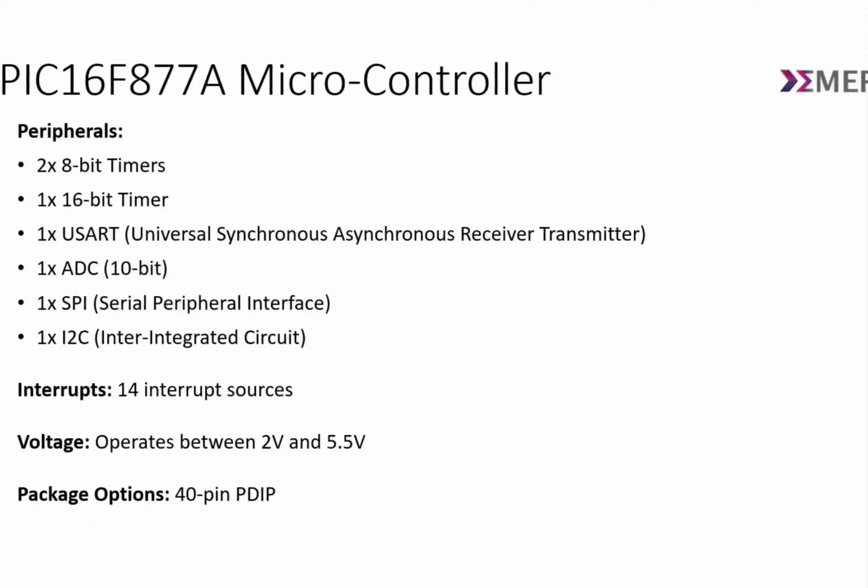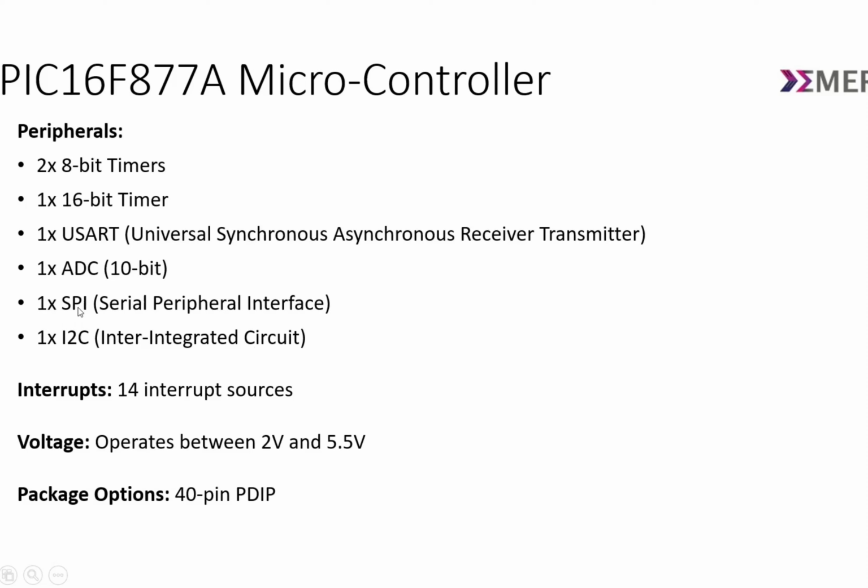Next we see the peripherals it has. It has two 8-bit timers, Timer 0 and Timer 2, and a 16-bit timer, Timer 1. We also have communication protocols like USART, universal synchronous asynchronous receiver and transmitter, the serial peripheral interface, SPI, and the inter-integrated circuit, I2C.